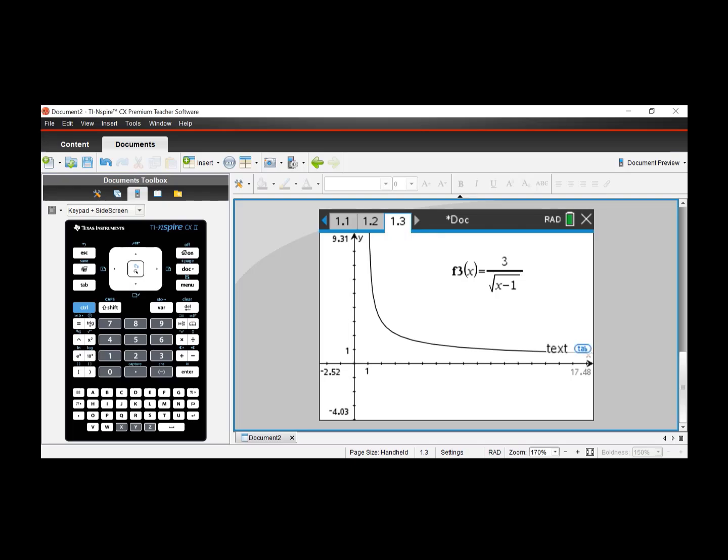That x-axis is a horizontal asymptote. It's approaching it, but it's not quite touching it. And then it's increasing forever in this direction. So this time, our range is the set of y's greater than 0. The graph never actually hits the x-axis, so y is never going to be 0.